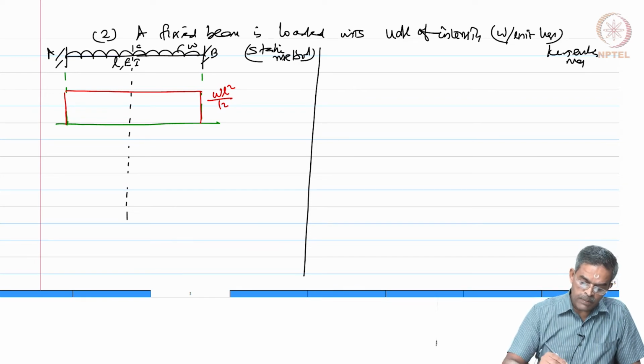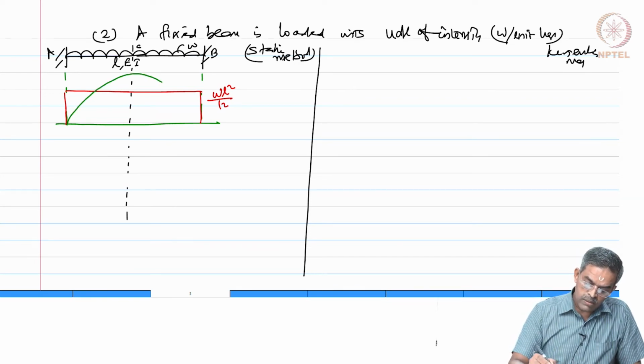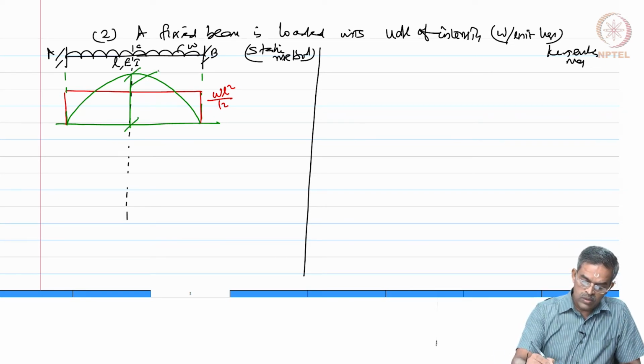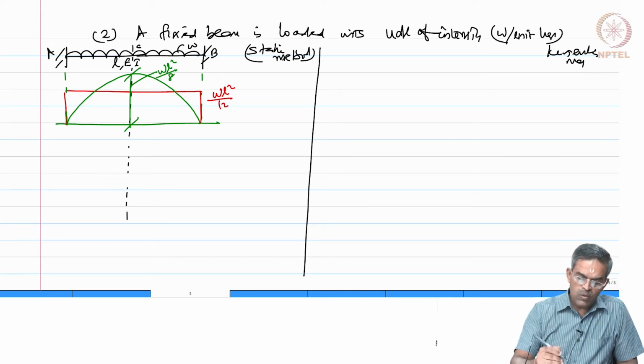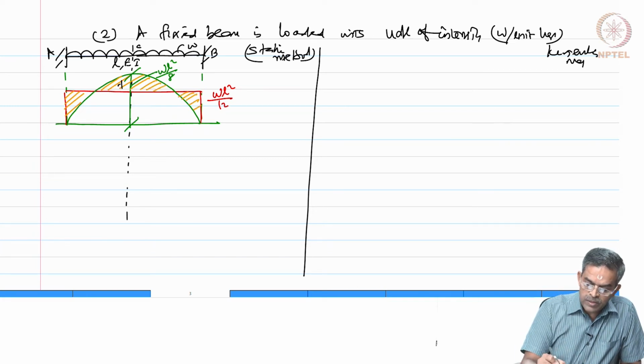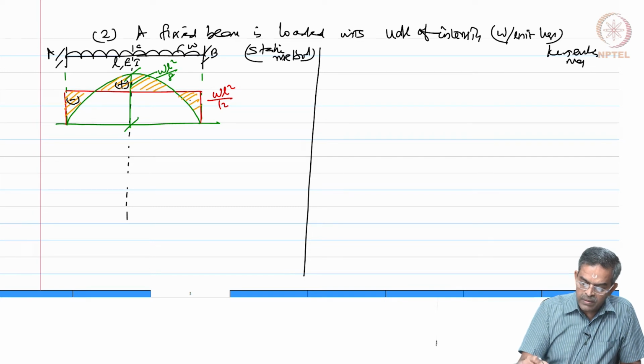Then let me superimpose the bending moment diagram of this, which will be equal to WL square by 8, am I right? So, now the net bending moment diagram is what I have here. Out of which this is positive, this is negative, this is negative.